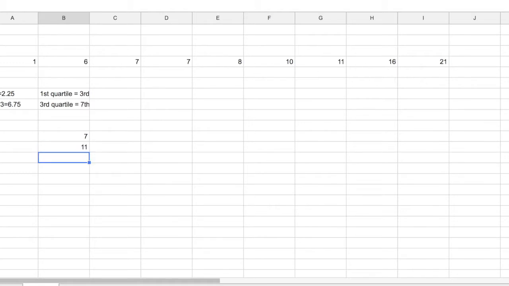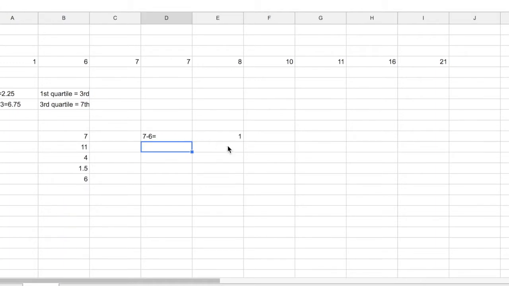We use the equation Q3 minus Q1, which equals 4, and then we multiply this by 1.5, which equals 6, meaning from the first and the third quartile, we have to either subtract or add. Our first quartile was 7, so 7 minus 6 equals 1.